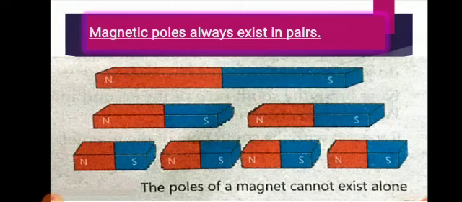However many times the process is repeated, the same result is obtained. That means we cannot break the magnet into north and south poles separately. The magnetic poles always exist in pairs, meaning every piece of the magnet contains both poles, north pole and south pole. Okay.